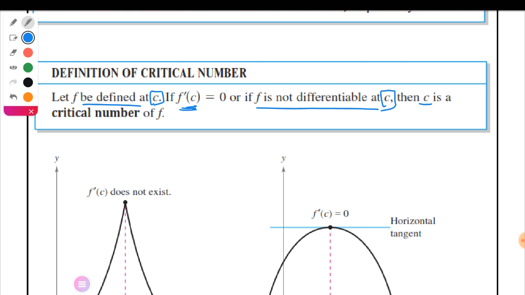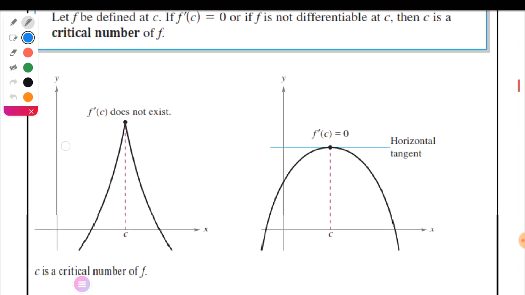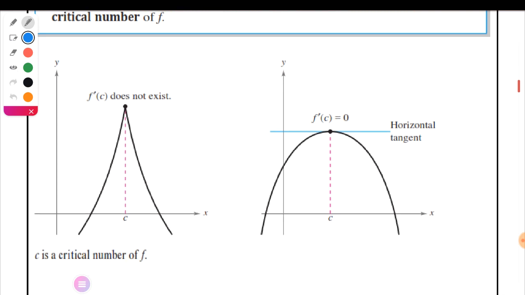So what is the meaning of the critical number? We mean by the critical number the values of x in the domain of the function, or by another way, the function defined at it, the function continuous at it, such that the derivative of the function does not exist or equals 0.